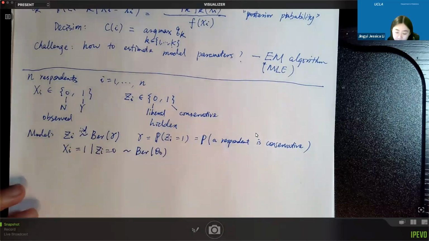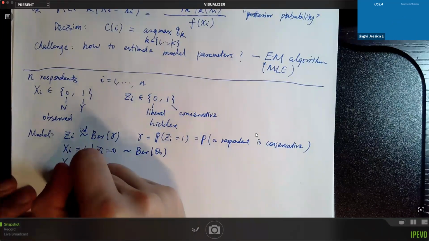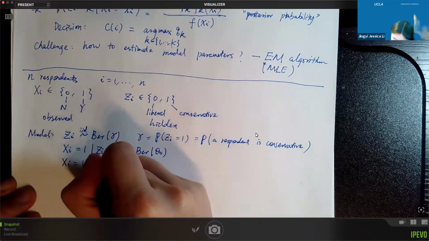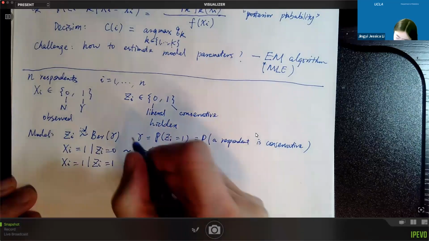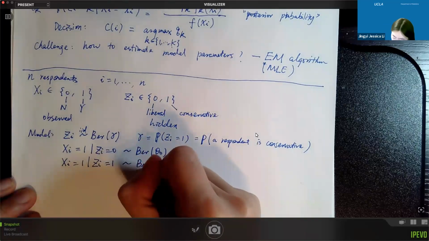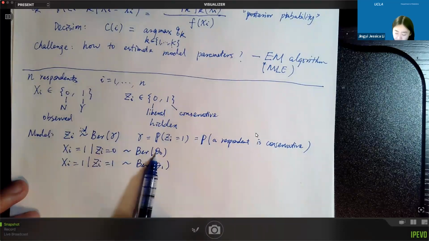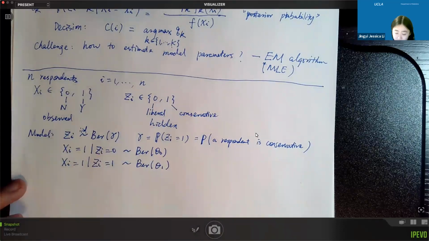Theta 0 means that if a person is liberal, how likely is this person to vote yes. And similarly, xi given zi equals 1 follows another Bernoulli with parameter theta 1. So now we have 3 parameters, gamma, theta 0, and theta 1, in our model.